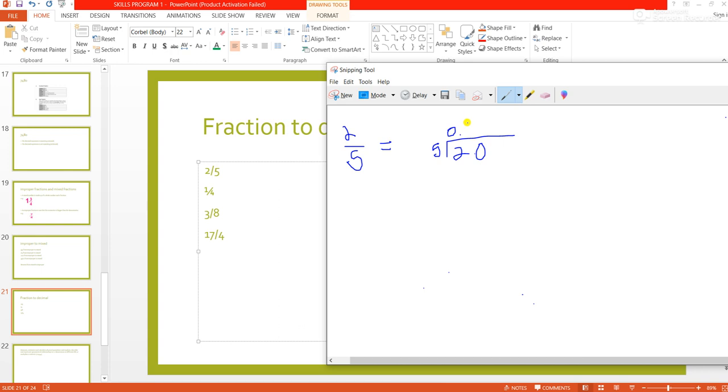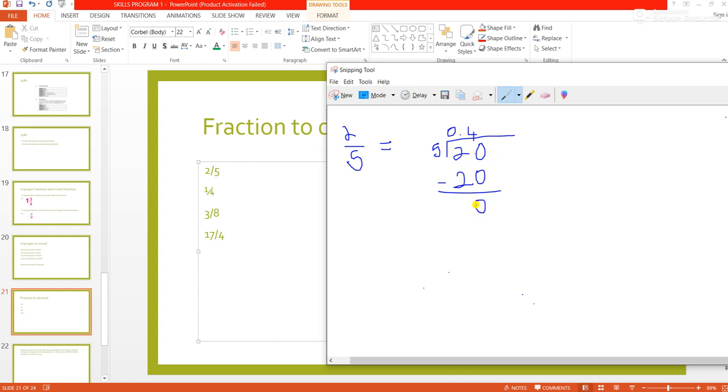We need to include a comma there, and then 4 times 5 gives us 20. So we'll have to minus this, and when you minus 20 from 20 it will give you 0.